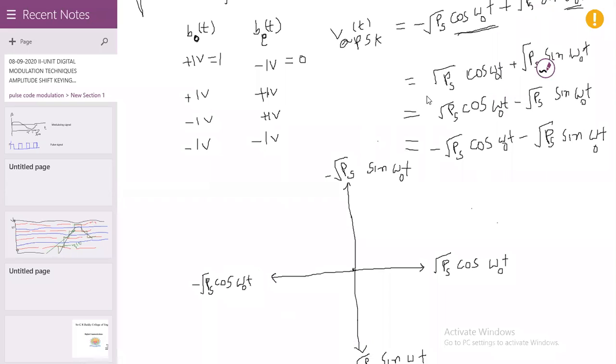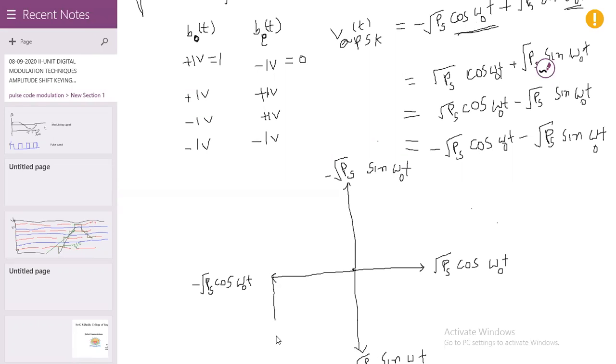So the first equation is minus root of Ps cos omega naught t, this one, and plus root of Ps sin omega naught t, this one. Here we can draw the resultant signal. These two are vectors. Then here we can draw the resultant.